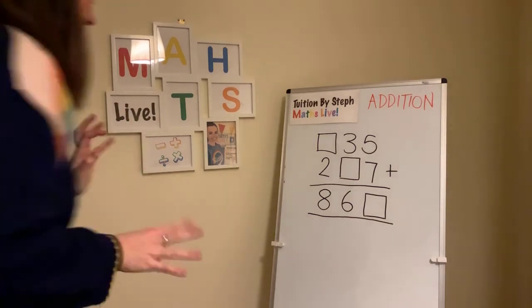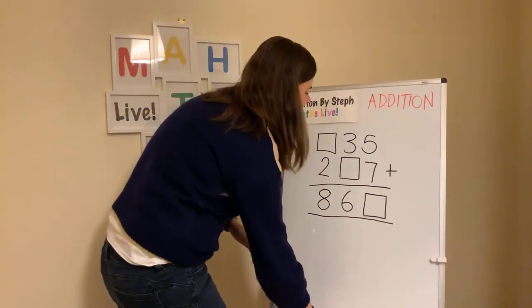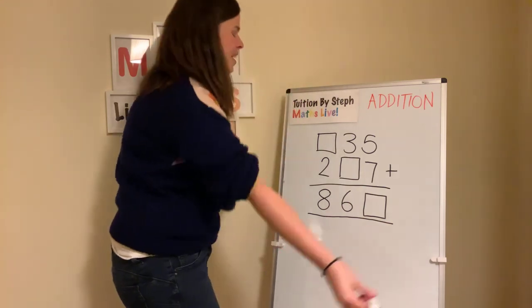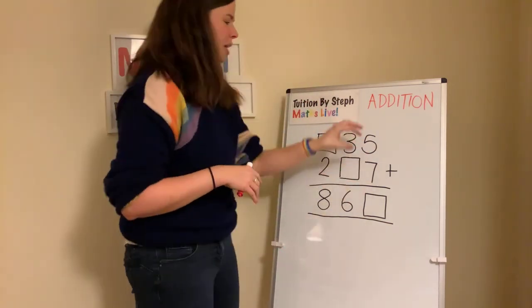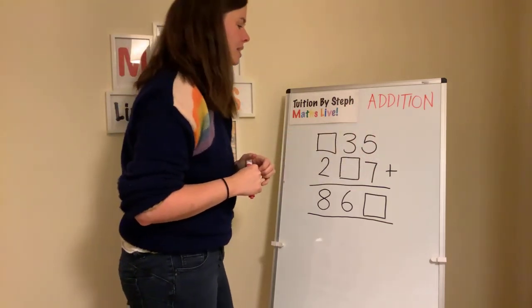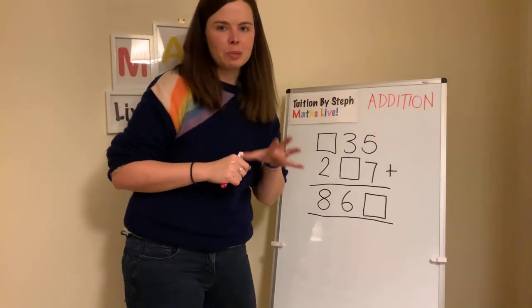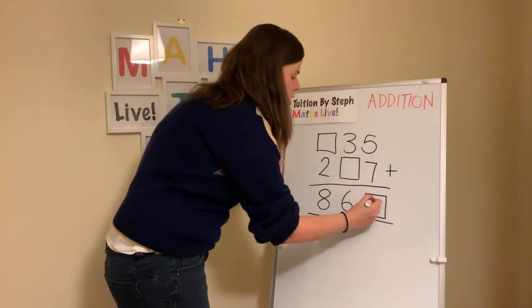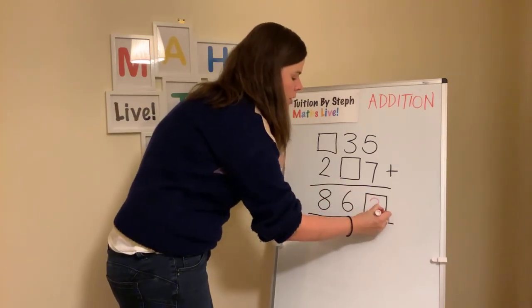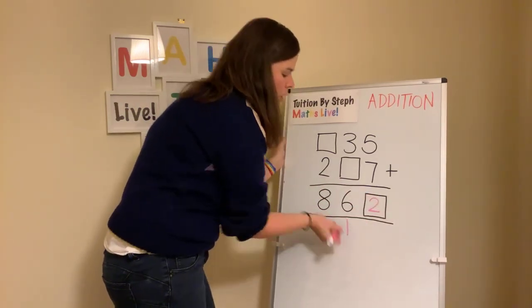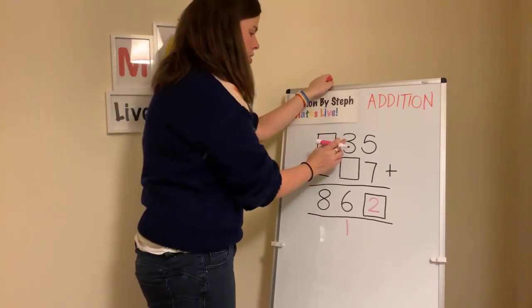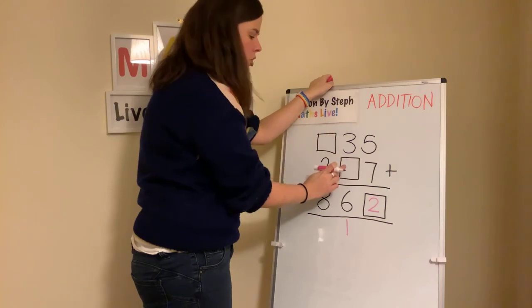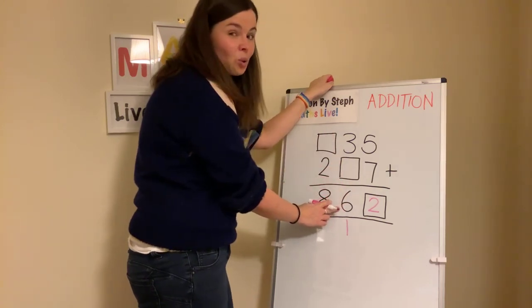Oh, some similar answers. So let's see. This one's okay. The ones column's okay because we're given both numbers that we're adding together. So 5 plus 7 is 12. So we've got our 2, but we need to put our regrouping in there. So it's 3 plus something is 6, or is it?